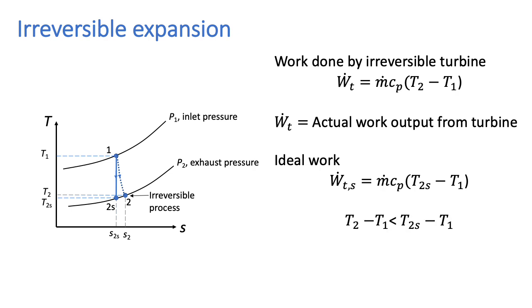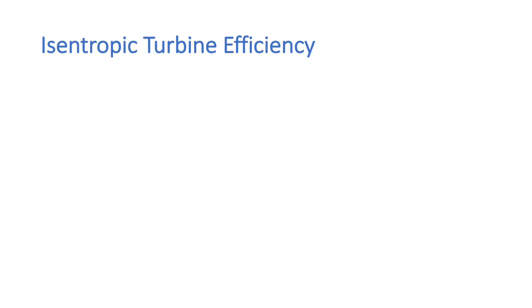Now we can see from the diagram that T2 minus T1 is less than T2S minus T1. And therefore, the actual work, W dot T, is less than the ideal work, W dot Ts. We can now define an isentropic turbine efficiency.